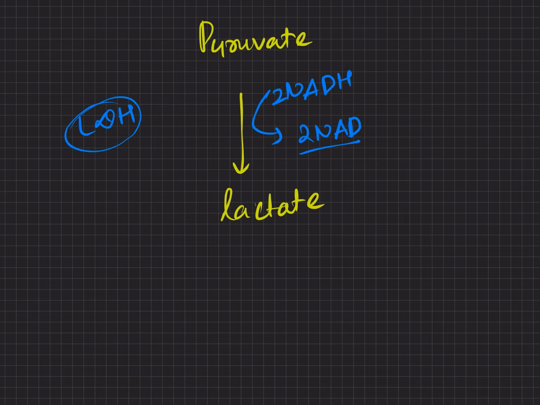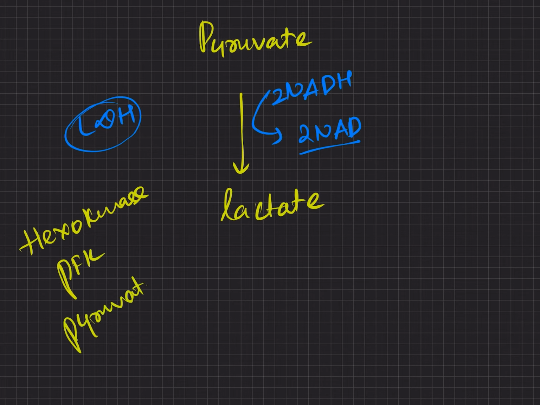Now coming to the things to be known in glycolysis. How many irreversible reactions happen? The first one, hexokinase, then phosphofructokinase, and pyruvate kinase. So almost all the kinases are irreversible reactions except phosphoglycerokinase.